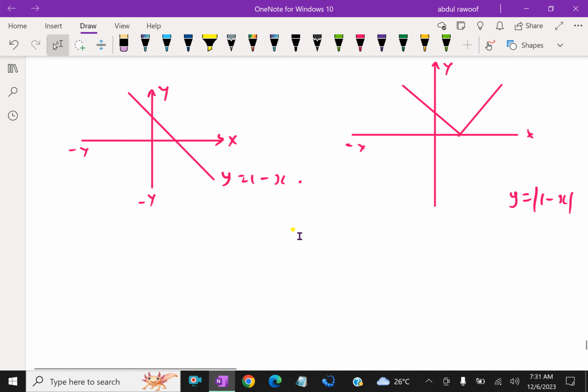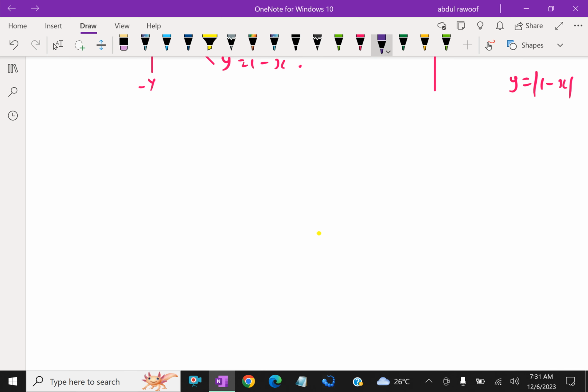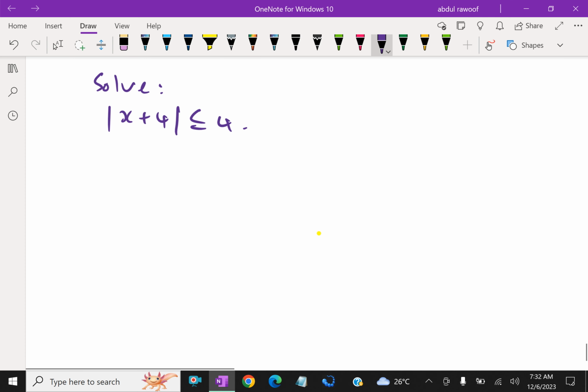Now inequalities we will solve. Look at here. Solve: the absolute value of x plus 4 is less than or equal to 4. How to solve this one?